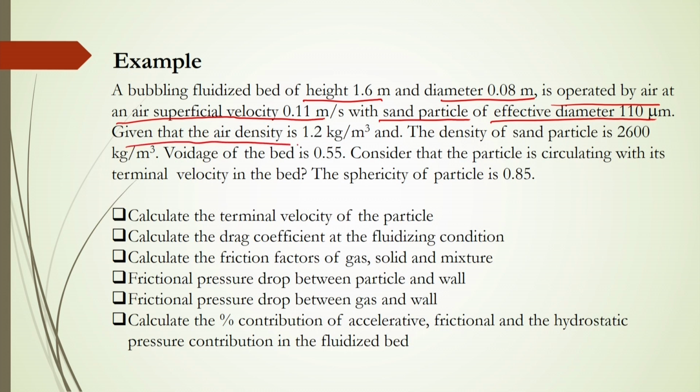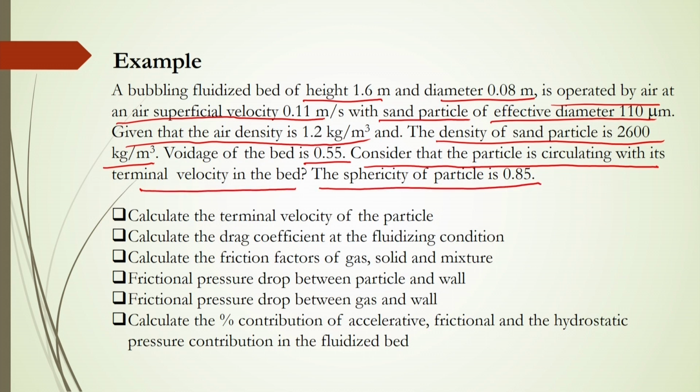Given that the air density is 1.2 kg per meter cube and the density of the sand particle is 2600 kg per meter cube, voidage of the bed is 0.55. Now, consider that the particle is circulating with its terminal velocity in the bed, and the sphericity of the particle is 0.85.